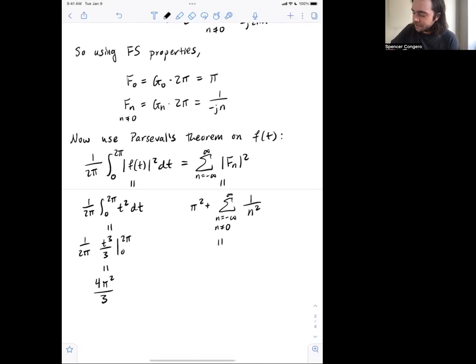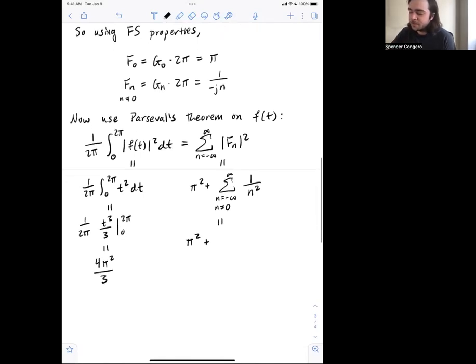And now what can we do? Well, we'll keep the pi squared the same. And now you can see, wait a second, whether n is positive or negative here doesn't really matter. Right? It's an even function of n. So the sum, I go over first the negative n's and the positive n's, but I'm really just summing up the same thing, whether I'm going over the positive n's or the negative n's.